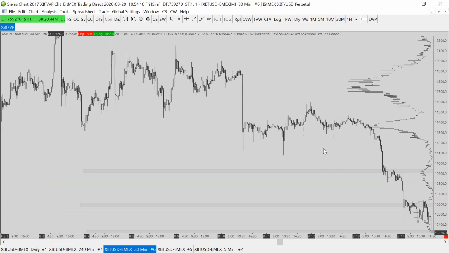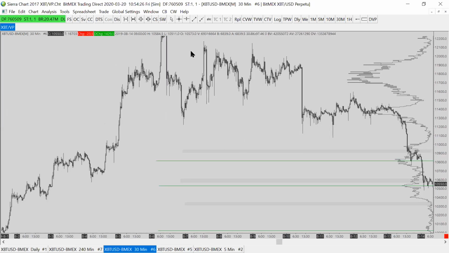As I've explained in previous webinars, I'm not generally looking to buy price support levels. This LVN represents a level formed on the way up. I'm not looking to buy those levels if the market's now trending down. Why?